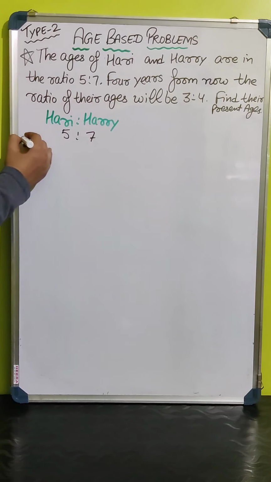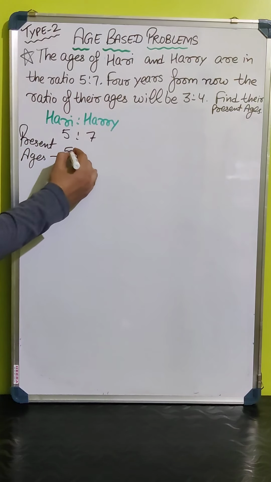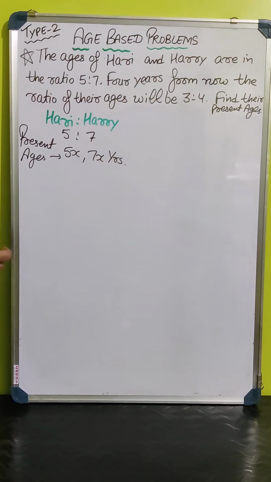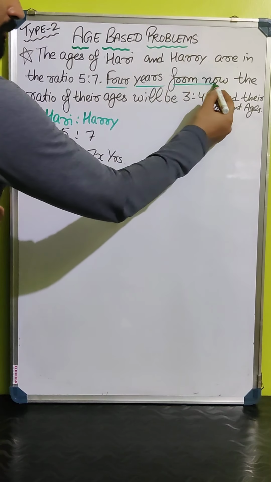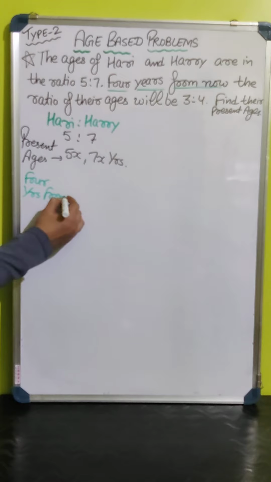So let their present ages be, you will simply write, 5x and 7x years. Okay. Now comes the next line. They are talking about 4 years from now. They are talking about the future. That means we have to write 4 years from now.